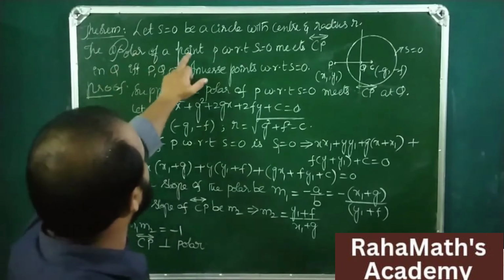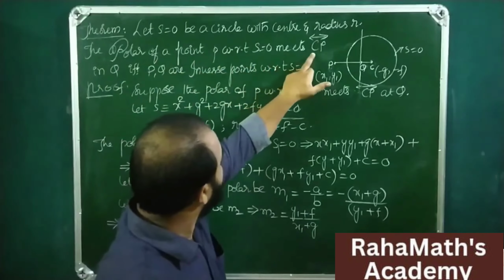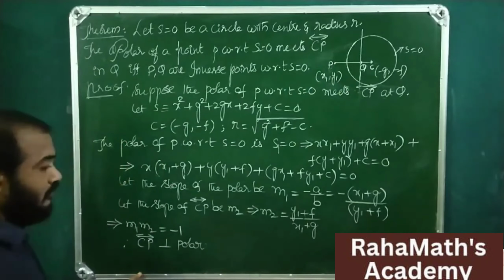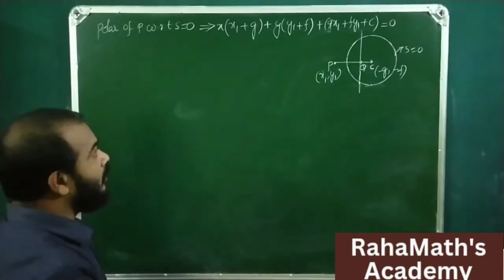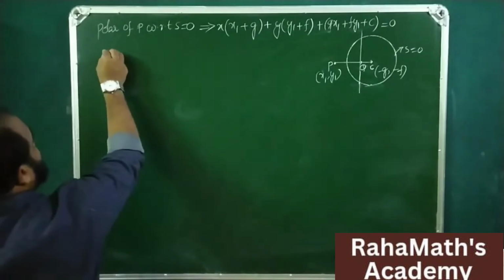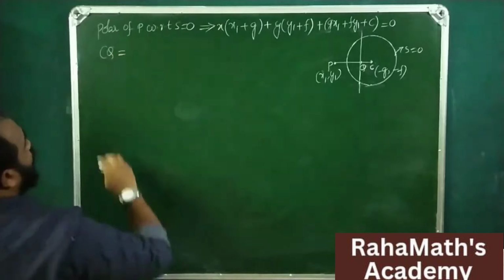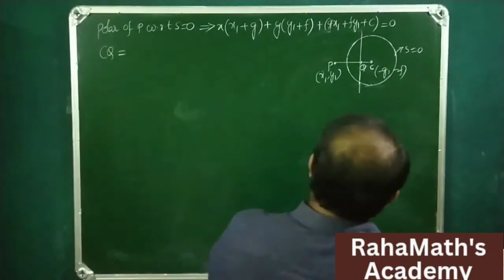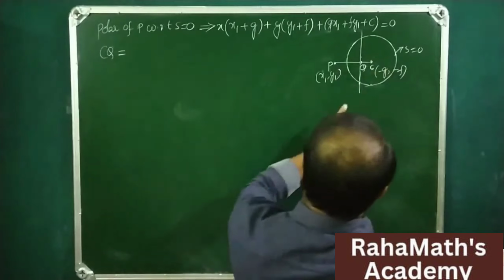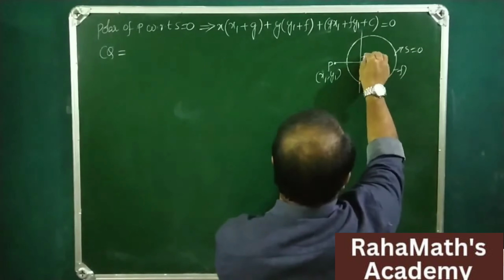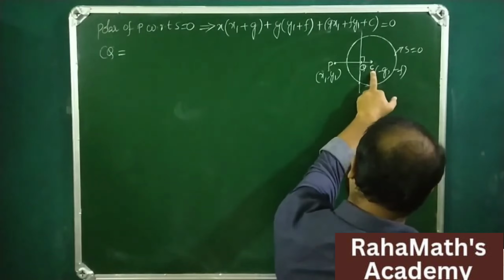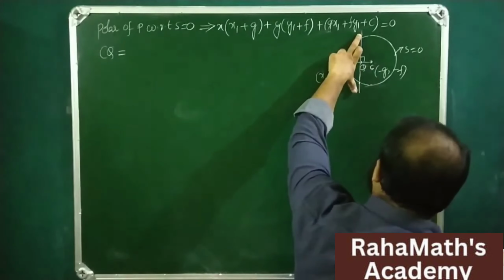See, the polar of point P with respect to S = 0 meets CP. Now CQ is the perpendicular distance from the center to the polar.